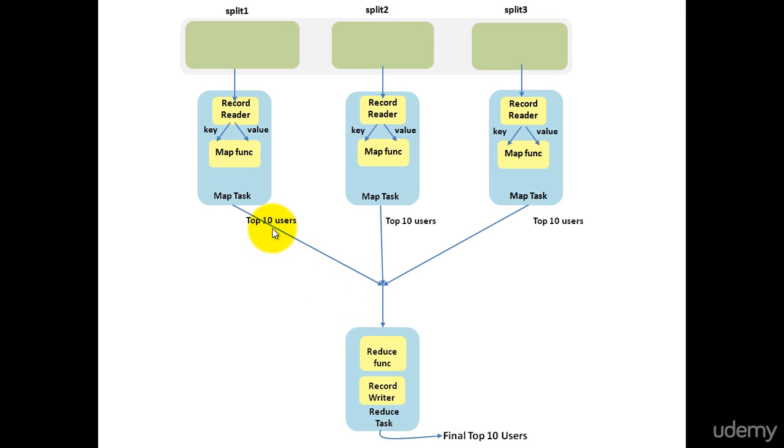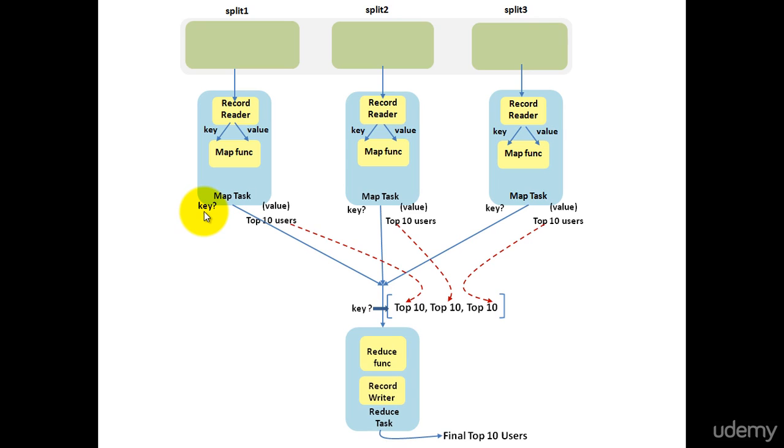Since each map task will emit top 10 records, these records will be emitted as the output value. Now we need to decide on the output key. We have to choose the output key such that top 10 records from each map task are grouped together as the value of that key. So clearly there has to be only one key.